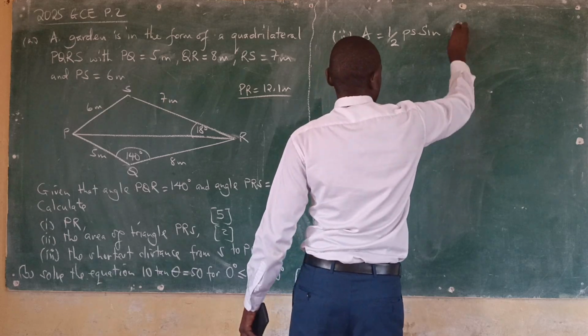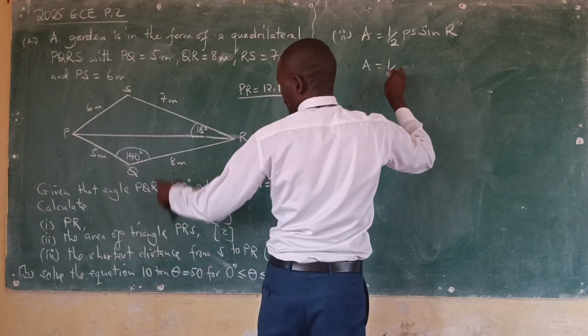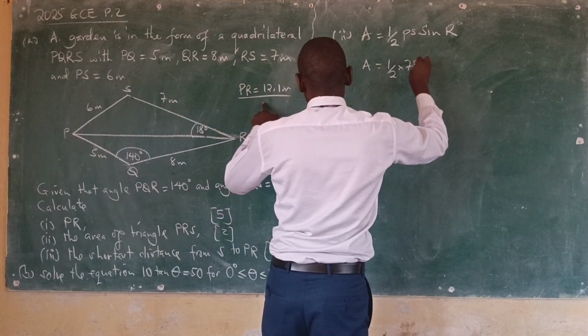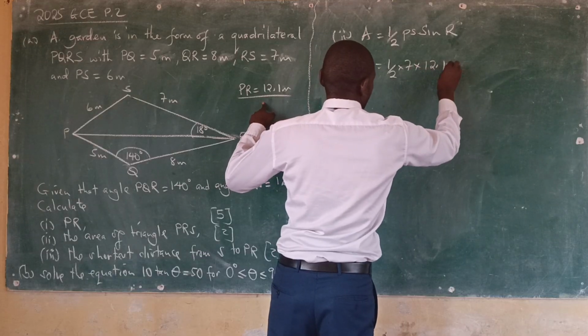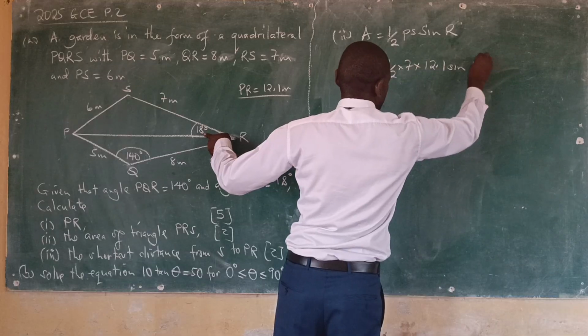Let me just say sine R here, then we substitute half, our P is 7, and then our S is 12.1, sine the angle 18 degrees.